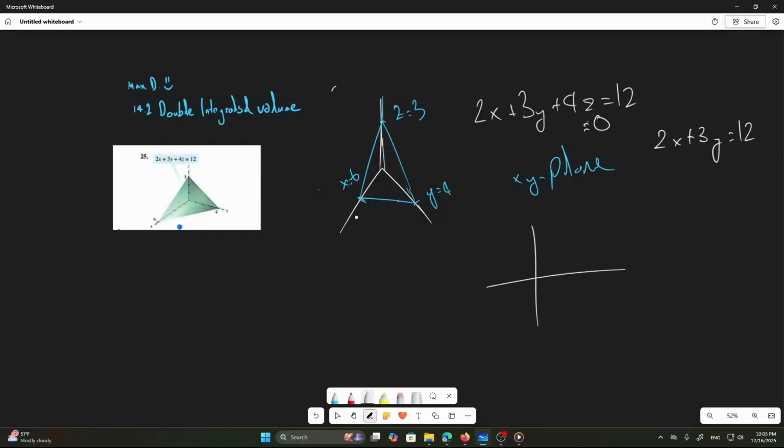If we draw this, it's a line with the equation y equals negative 2/3 x plus 4, where x intercepts at 6 and y intercepts at 4.